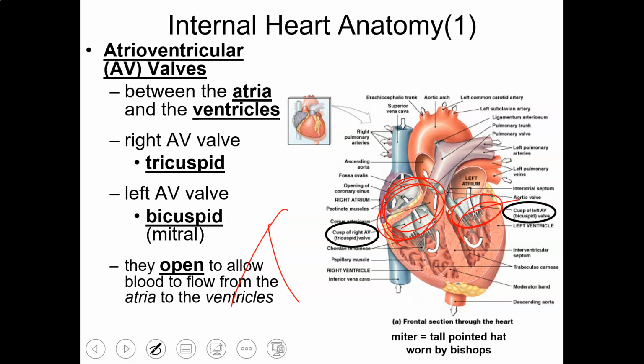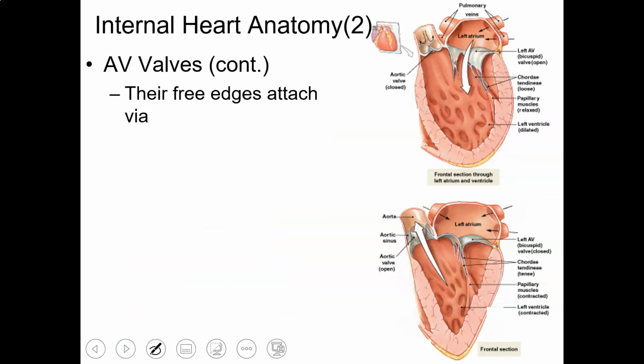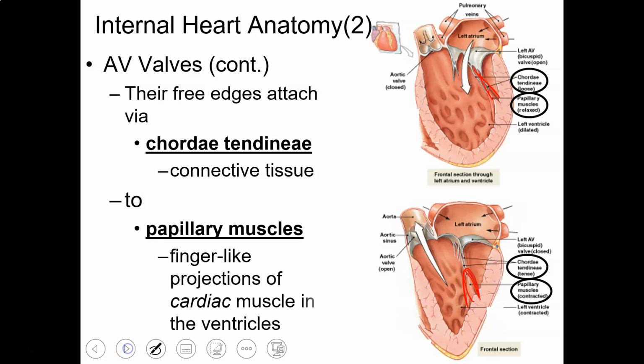Things with the AV valves, bicuspid, tricuspid. Those two valves open to let blood go from the atria to the ventricles. They close when the ventricles contract. The edges of those valves are connected through these little strings called chordae tendineae. Chordae tendineae connect to these papillary muscles, little outshoots of muscle there in the ventricle.